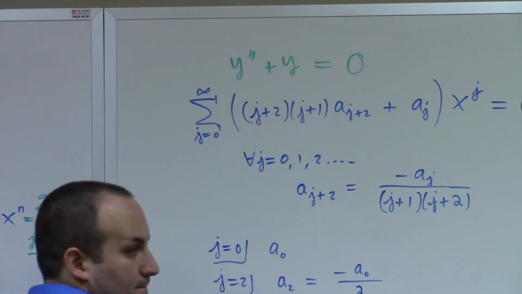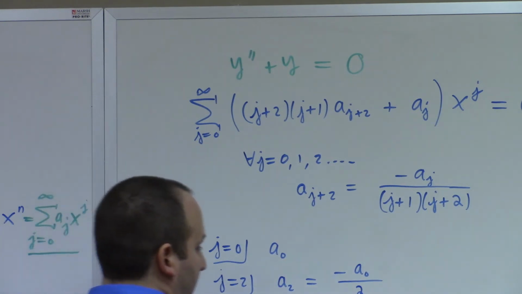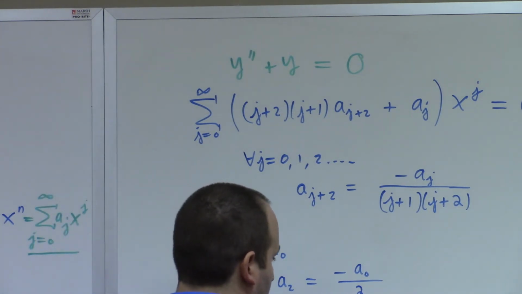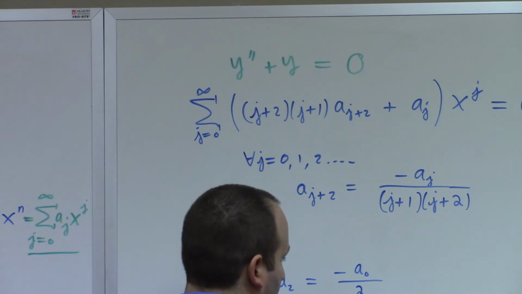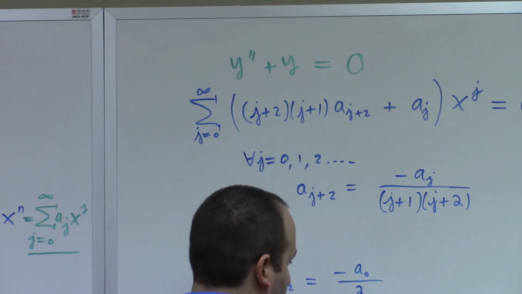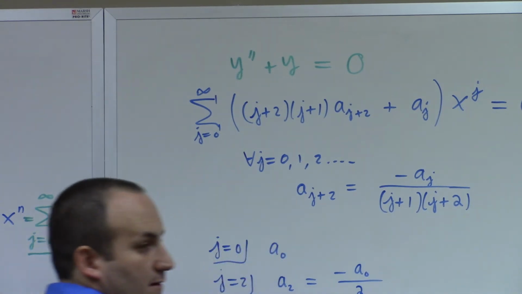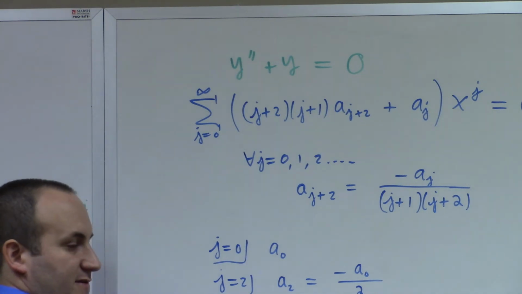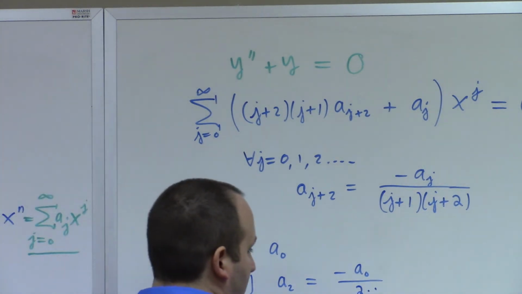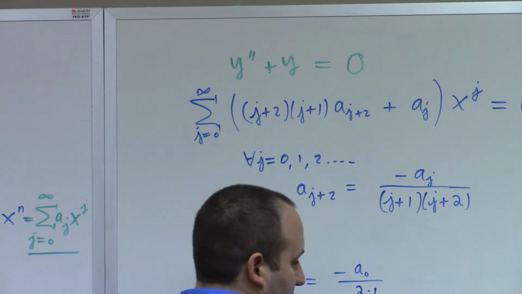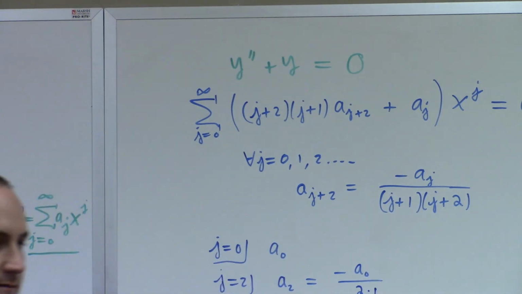Four times 3, right? Which, by the way, is what? Minus 1 squared a0 over 4 times 3 times 2. Or if you wanted to make it look a little bit more suspicious, maybe I should write this as 4 times 2 times 2 times 1.